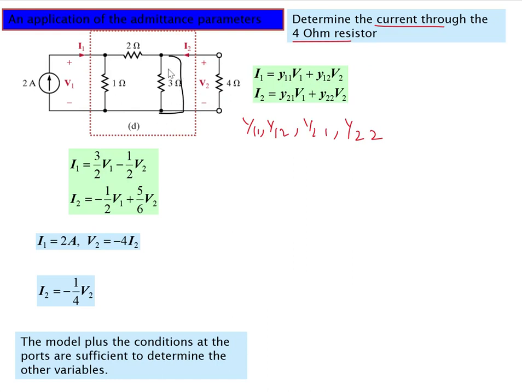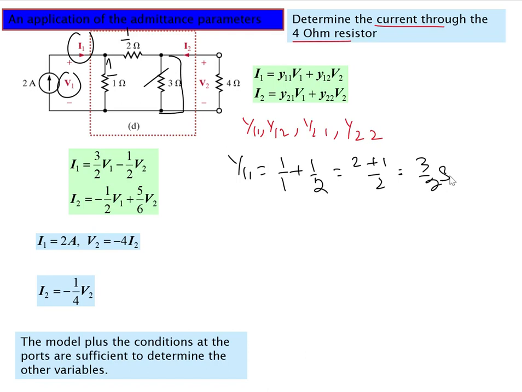If we make this short circuit, these things will be removed, and we will be left with I1 and V1. So y11 would be equal to 1 over 1 plus 1 over 2, which is 1 plus 1 by 2, which is 3 by 2 Siemens. So 3 by 2 Siemens is this one.